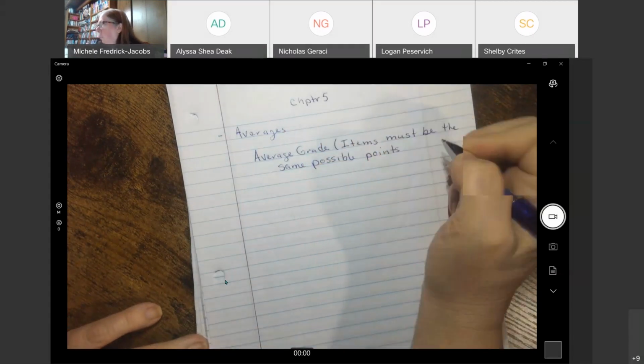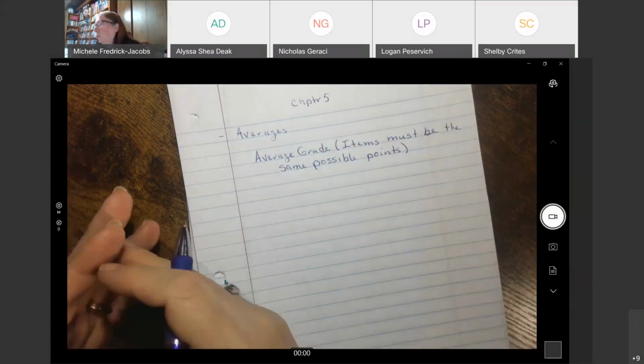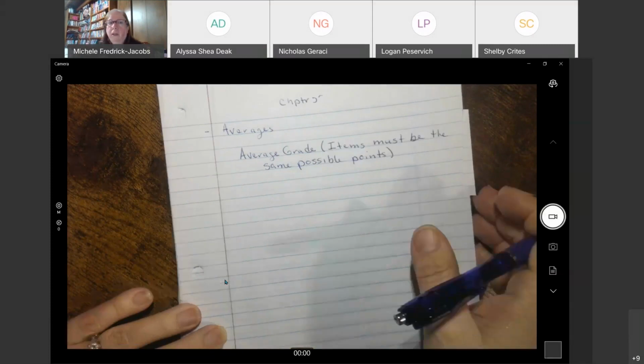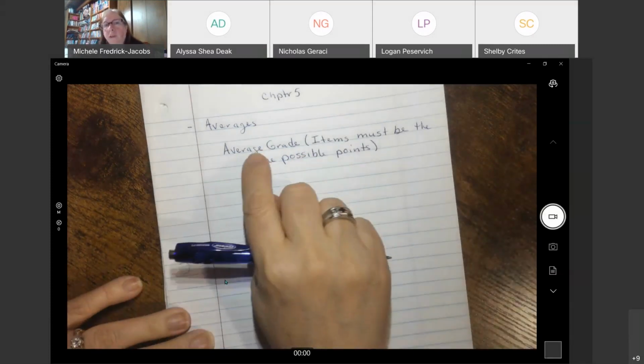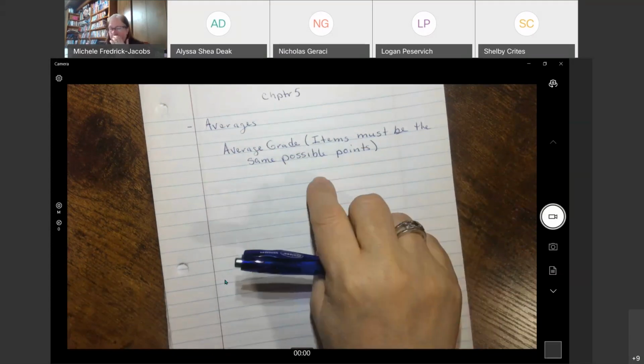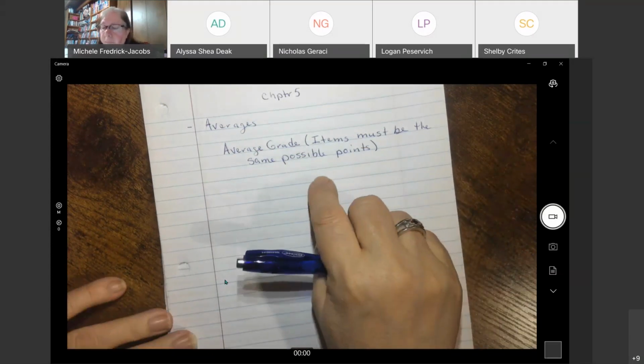If it's something where one's worth 20 points, another one's worth 25, another one's worth 5 points, you cannot use this average. So this average is when each thing is worth the same possible point.